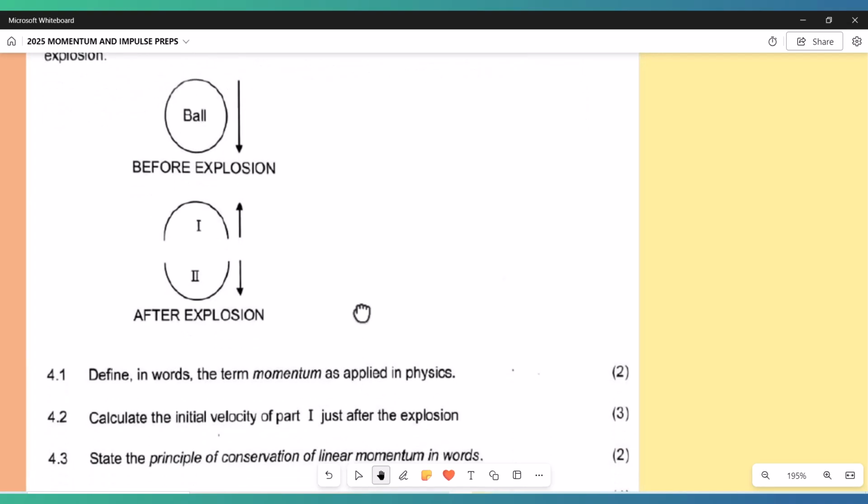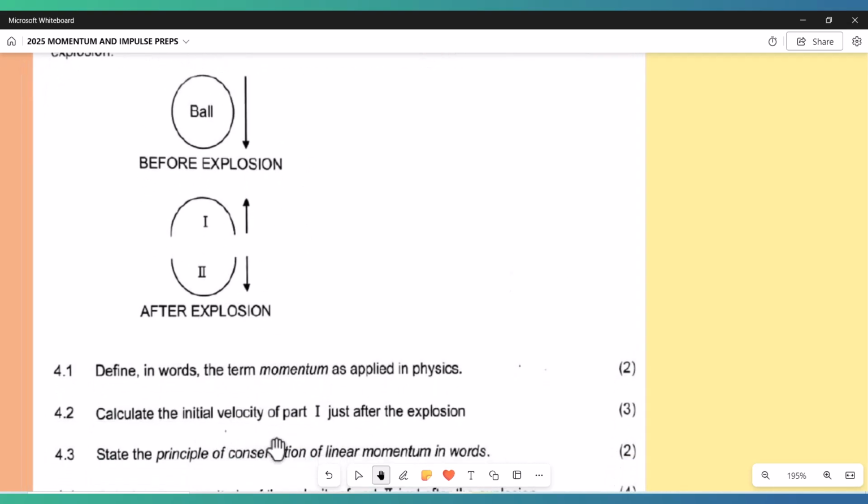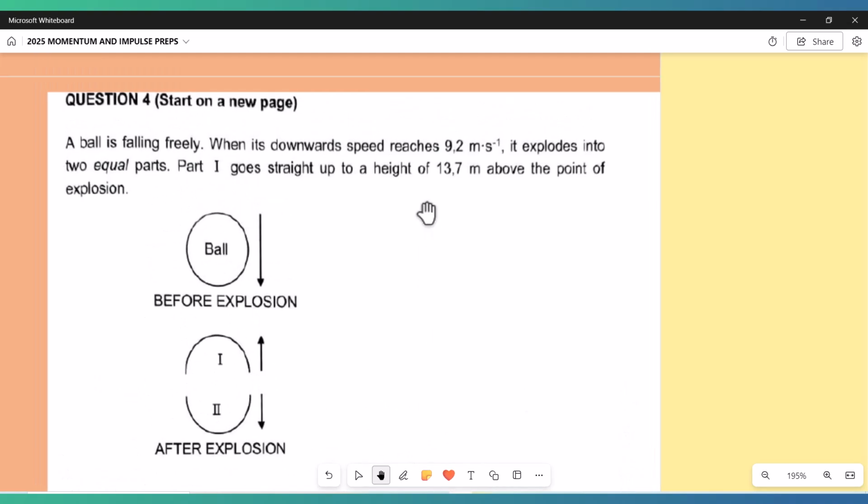Then what happens? They ask us to define the term momentum as applied in physics. What is momentum? We said momentum is the product of the mass and velocity of an object. Then they say, calculate the initial velocity of part 1 just after the explosion. I repeat the question.